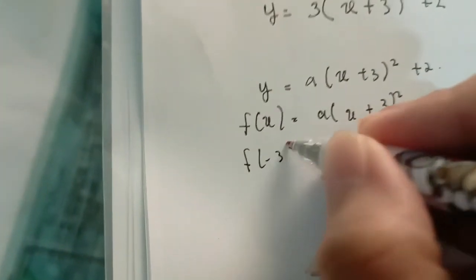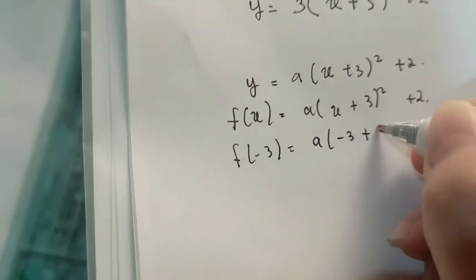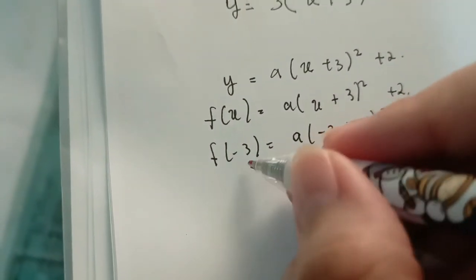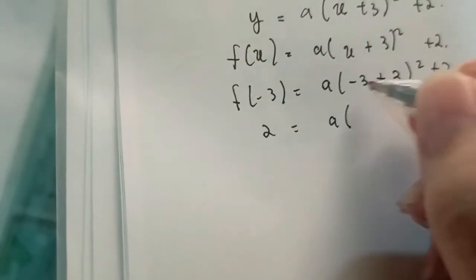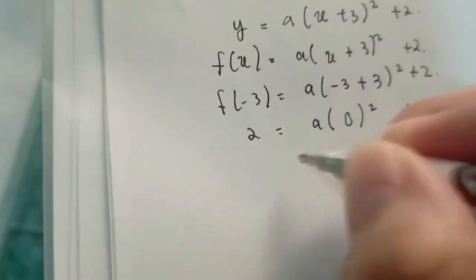If the x is minus 3, equal a, minus 3 plus 3 squared plus 2. This is 2. The y is 2 over here. 2 equal a in the bracket minus 3 plus 3 is 0 squared plus 2.